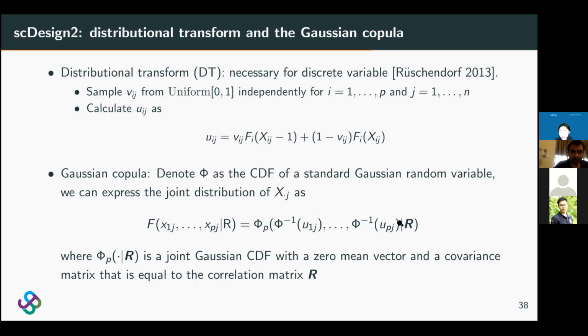The idea of the Gaussian copula is that on the transformed random variables, from the original counts to Gaussian-like variables, we capture the correlation. Please note that the correlation matrix is for the Gaussian, not for the original counts.